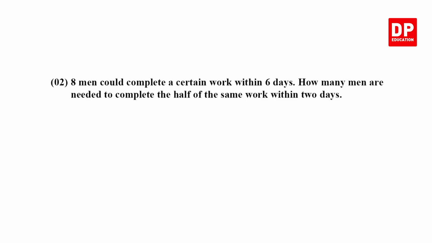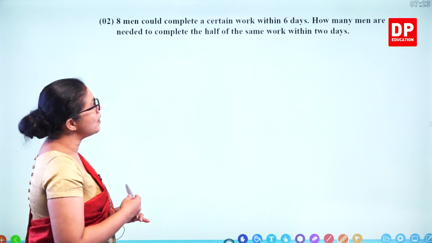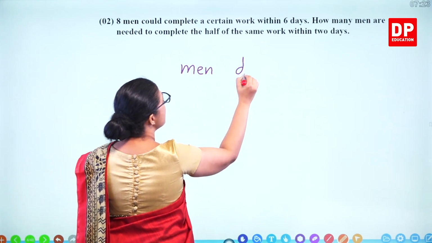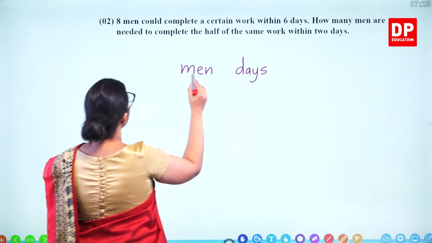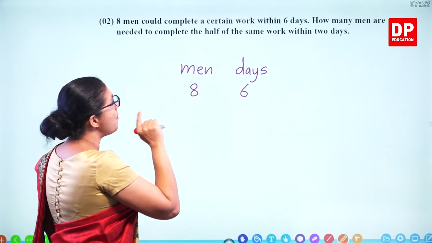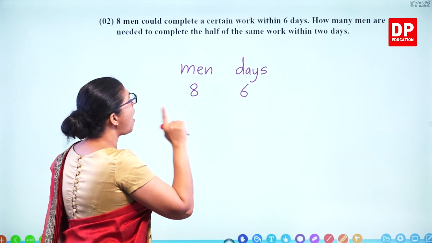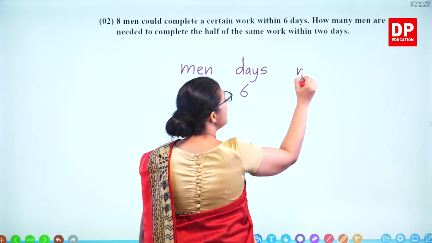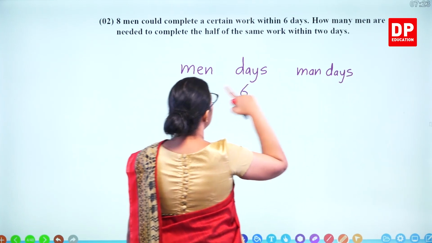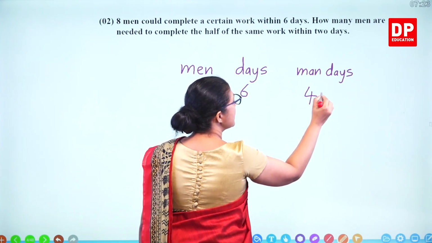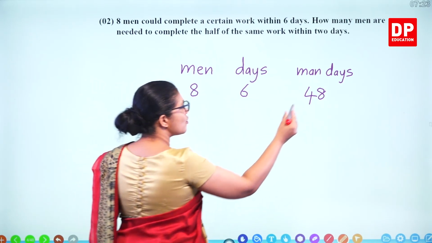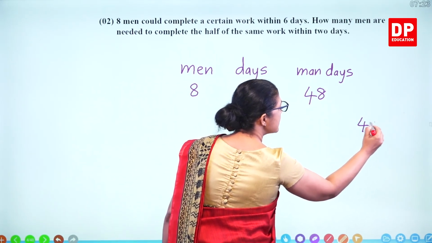Question number 2. 8 men could complete a certain work within 6 days. So it's easy to write like this, men and days. 8 men, 6 days to complete a work. How many men are needed to complete half of the same work? So how many man days you need to complete the whole work? 8 times 6, 48. But half of the work means half of the man days. So we need half of 48.